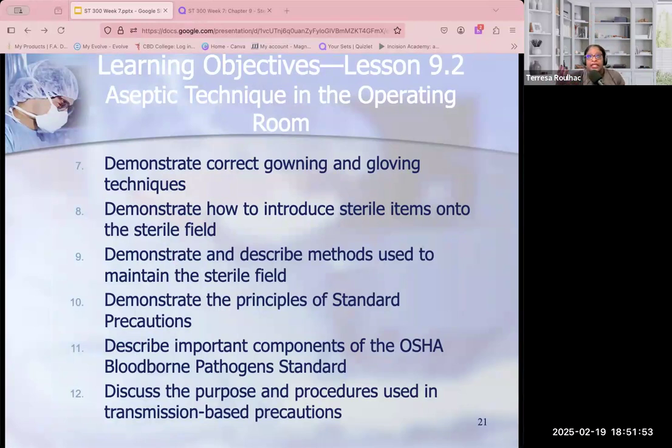There's times when you may contaminate your glove and your circulator is going to remove the glove and then you have to re-glove. Sometimes when the case is going on, you're moving quickly, you're moving urgently, and you're protecting your sterile field at the same time. And then we're going to talk about bloodborne pathogens and procedures used in transmission-based precautions.